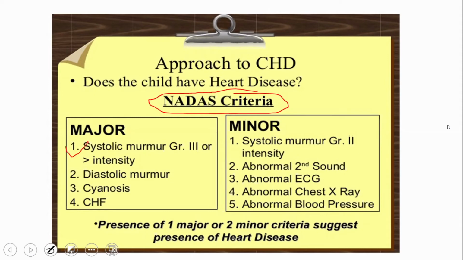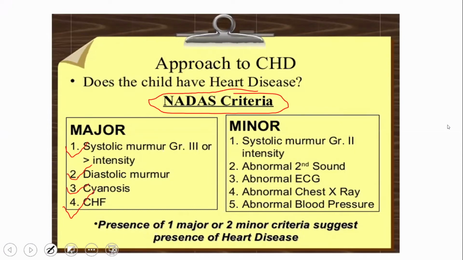Number 1, systolic murmur, grade 3 or more intensity. Number 2, diastolic murmur. Number 3, cyanosis. Number 4, features of congestive cardiac failure or features of heart failure. So if the baby has any of these criteria, that falls into major criteria.